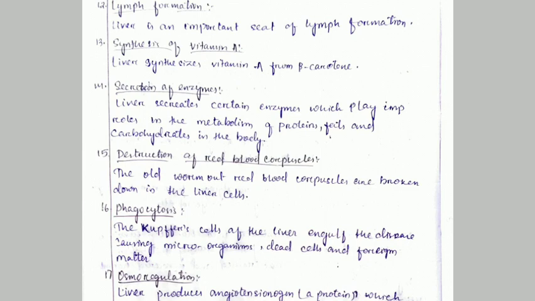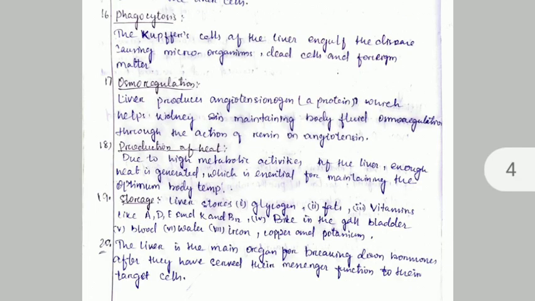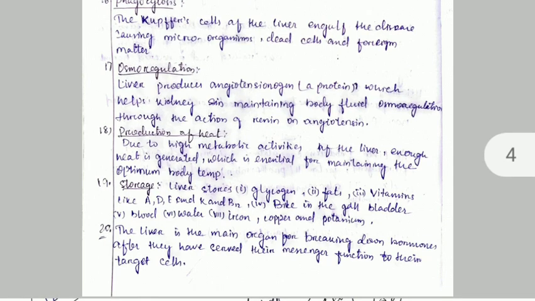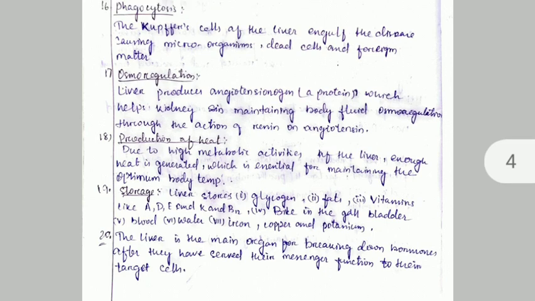Phagocytosis. The Kupffer cells of the liver engulf the disease causing microorganisms, dead cells, and foreign matter. Osmoregulation. The liver produces angiotensinogen, a protein which helps kidney in maintaining body fluid osmoregulation through the action of renin and angiotensin.